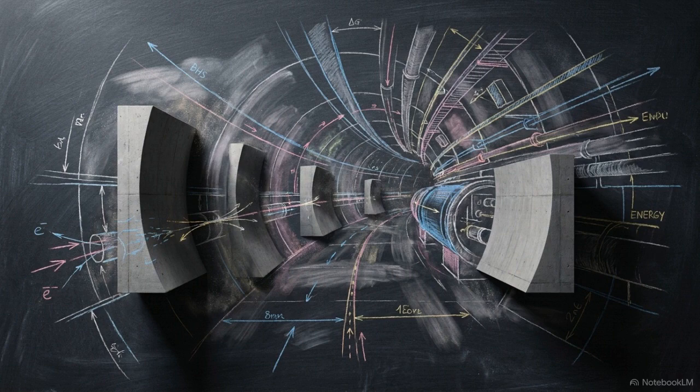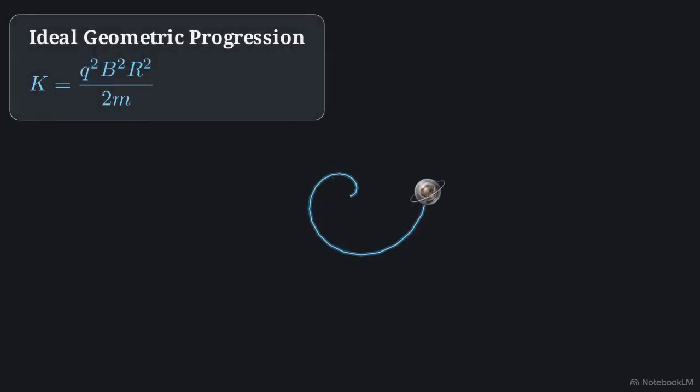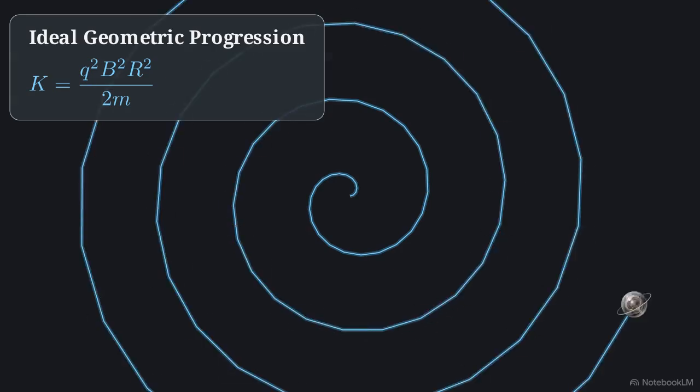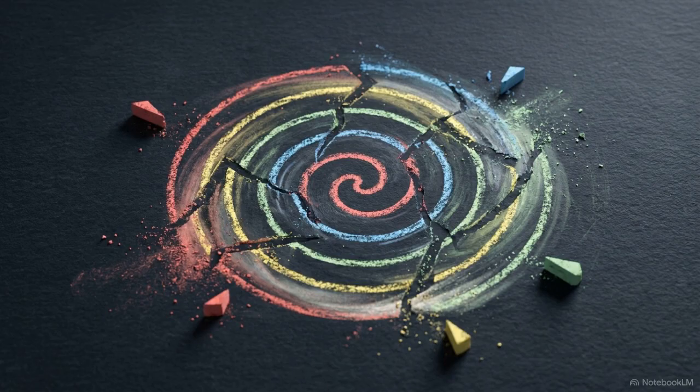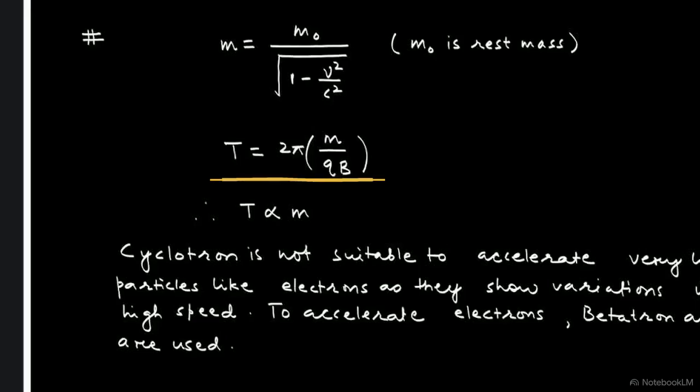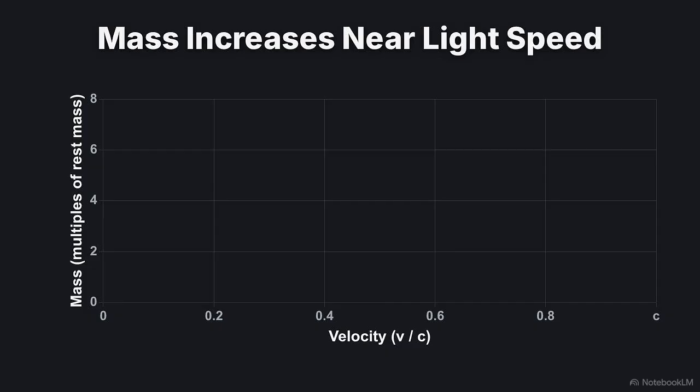While the cyclotron's geometry suggests it can be scaled indefinitely, the design eventually encounters a limit imposed by special relativity. This equation for the orbital time period, T, shows that the time required to complete a circle is directly proportional to the particle's mass. Classical mechanics treats mass as a constant, but this assumption fails at high velocities.